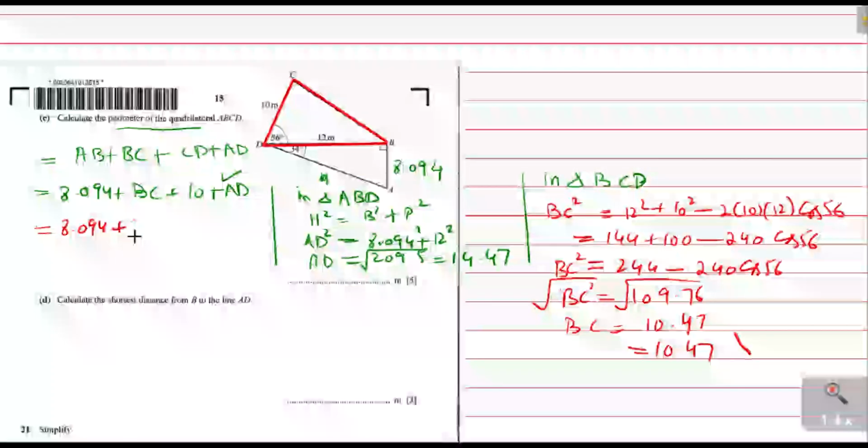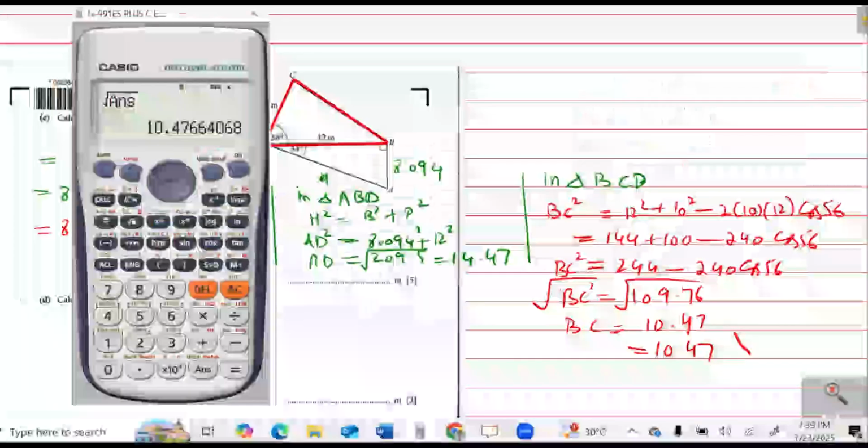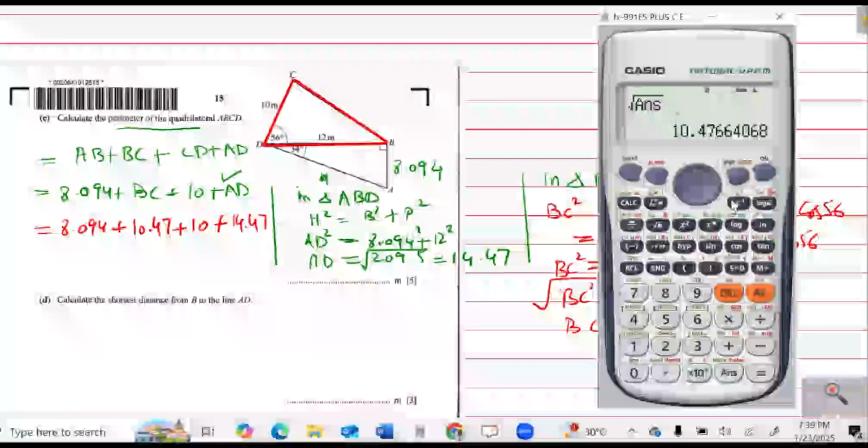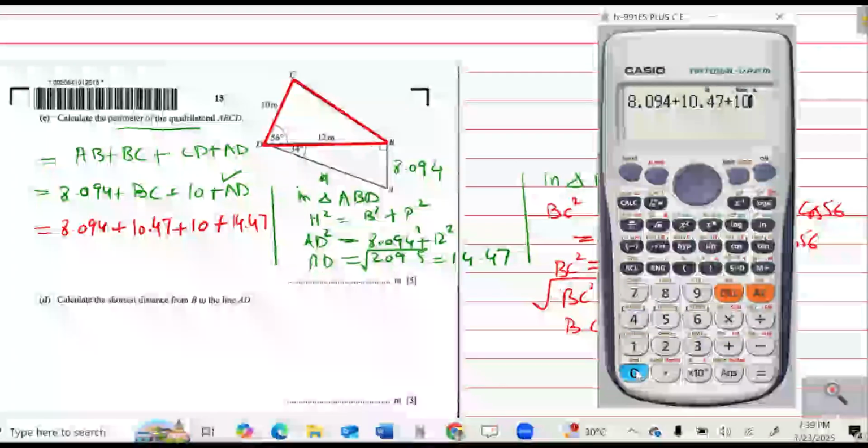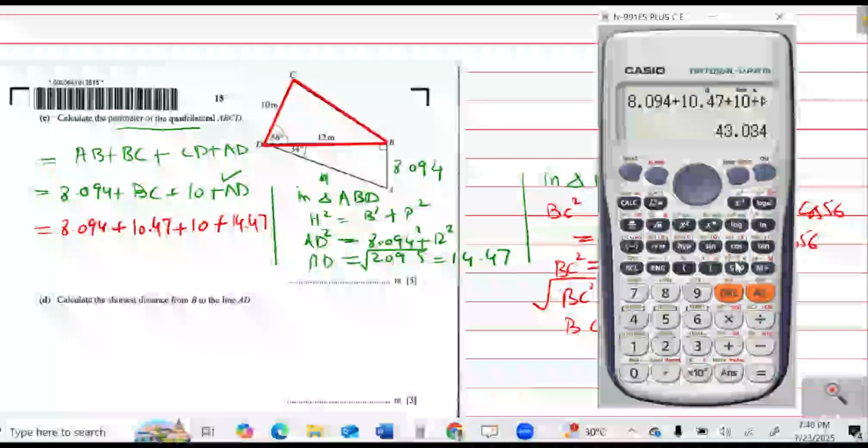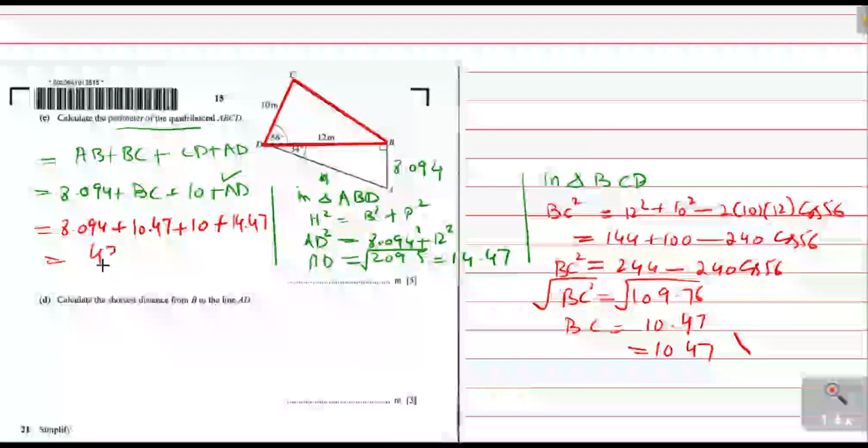BC is 10.47 and AD here is 14.47, and the answer will be 8.094 plus 10.47 plus 10 plus 14.47. This will be equal to 43.0. This is the perimeter of this quadrilateral.